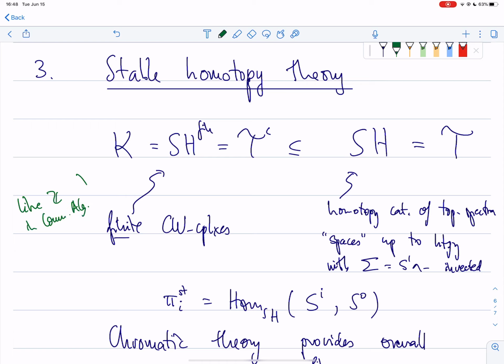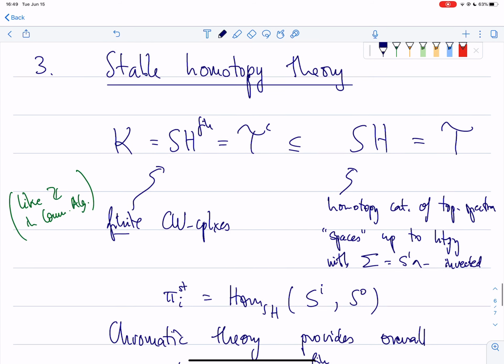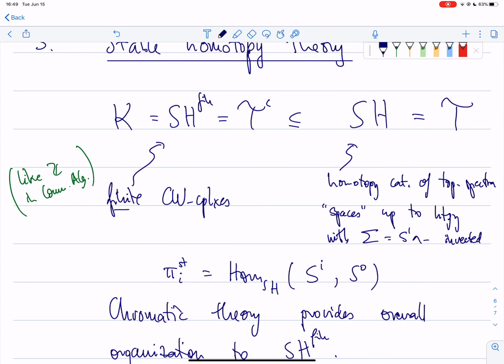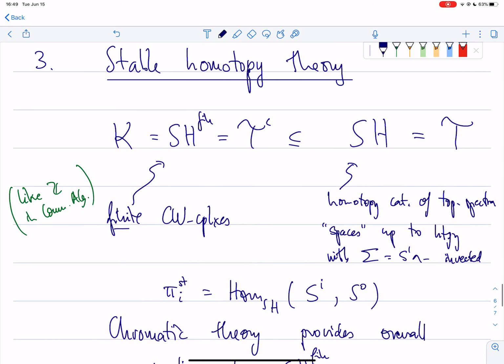Again, to make that precise, I would need more structure than just a tensor-triangulated category. But all tensor-triangulated categories that appear in nature, with an enrichment of any sort, will receive this one via a tensor-triangulated functor. So the stuff that happens there is the most fundamental, like what happens in the integers is the most fundamental thing that happens in algebraic geometry or in commutative algebra.